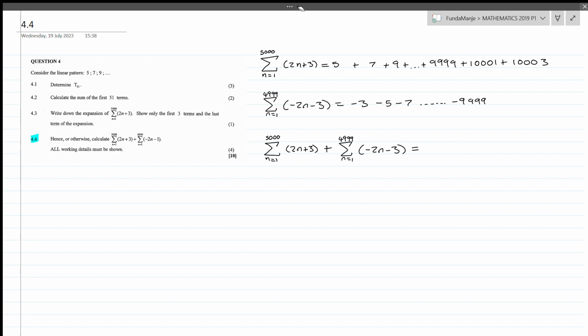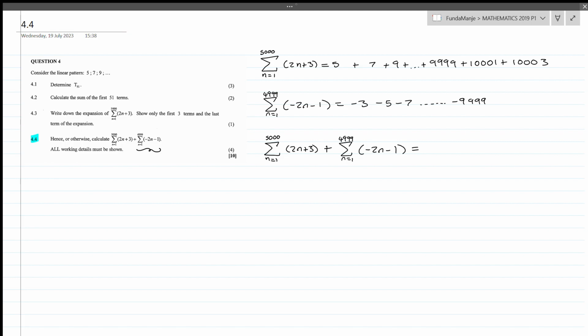Then for the second part of it, which was the new pattern, there should be a 1 over here, as is visible from this. So using this new rule, we substitute n with 1 and we get minus 3. Substitute n with 2, we get minus 5. With 3, we get minus 7.